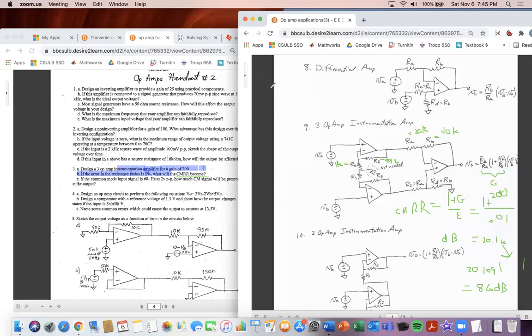Common mode rejection ratio is equal to the amplification of the differential mode over the amplification of the common mode. So amplification of differential mode over this one. And when we solve that, we know the common mode rejection ratio. We just calculated that, 86 dB here. And the amplification of differential mode here is going to be 200, it said in part A, over the amplification of the common mode.